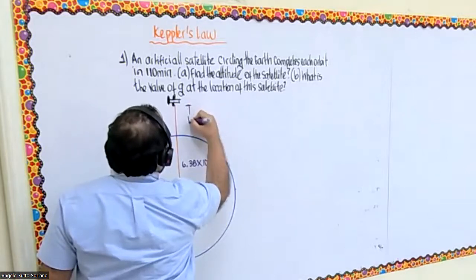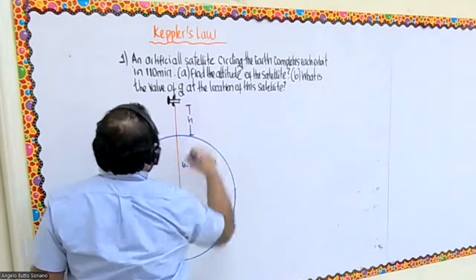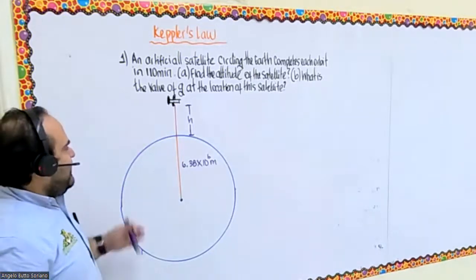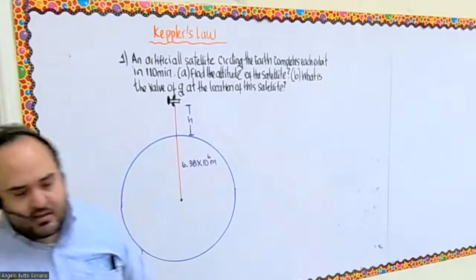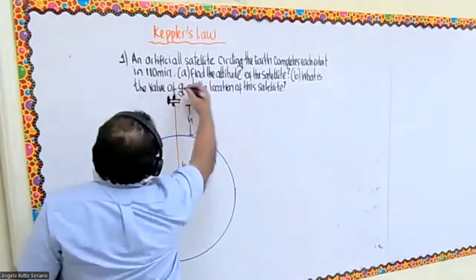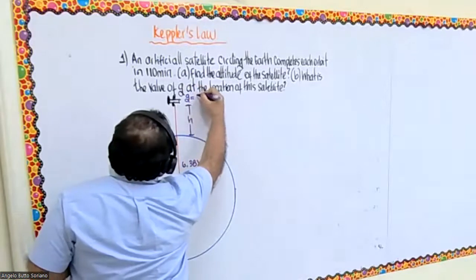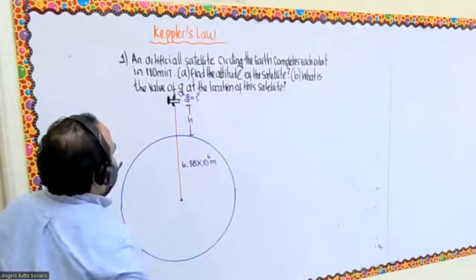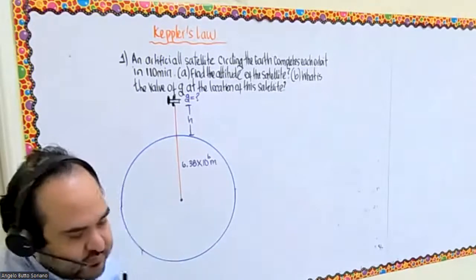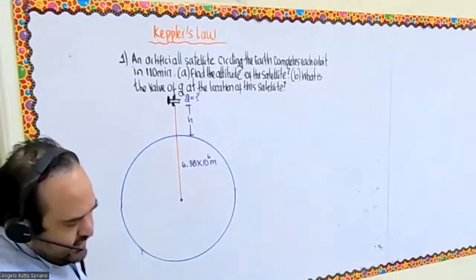We don't know what this other distance will be. We're talking about some height h, and this is what the problem is looking for. And after that, according to the location of the satellite, what will be the value of the gravitational acceleration in this position? Okay?